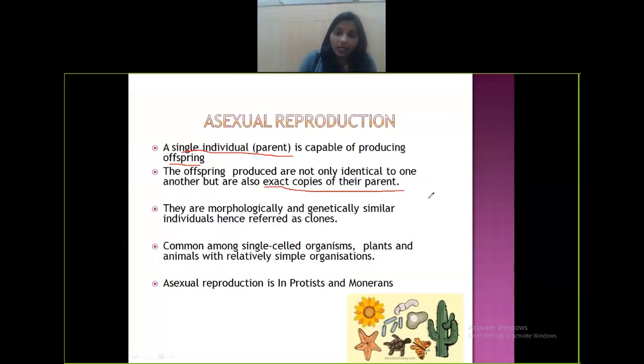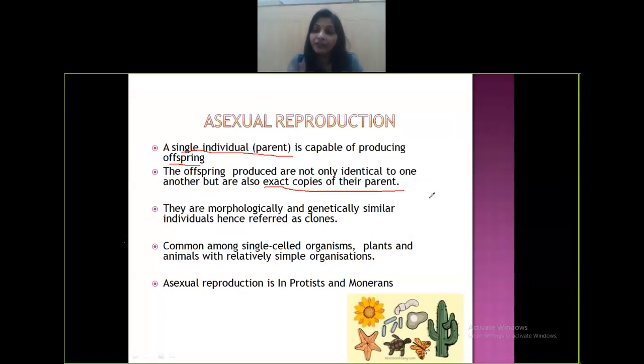For example, in your house, if you have a sibling, you look different and your sibling looks different. There is a variation, but that does not happen in asexual organisms. The offspring that are produced are identical to one another. You cannot differentiate between one amoeba and another amoeba, one paramecium and another paramecium. You know as a whole that is a paramecium, that's an amoeba, that's a hydra, that's a sponge.